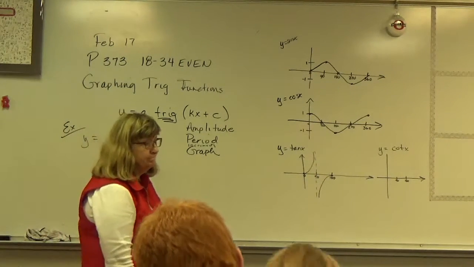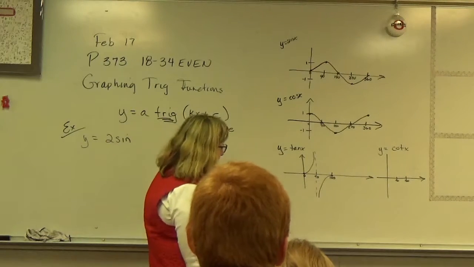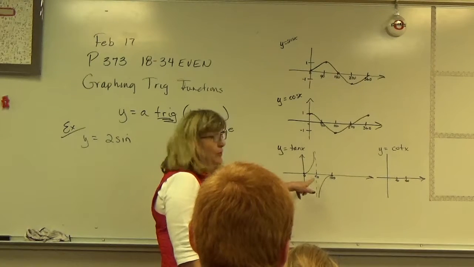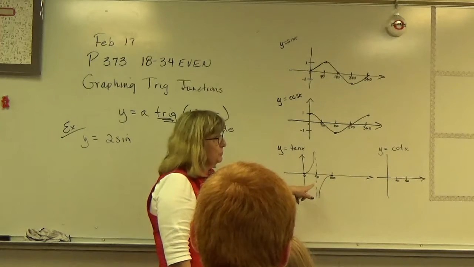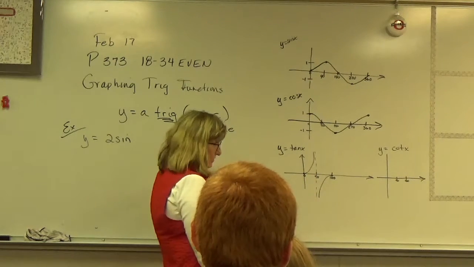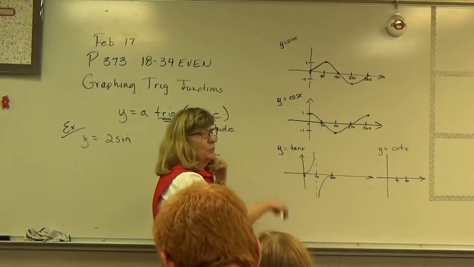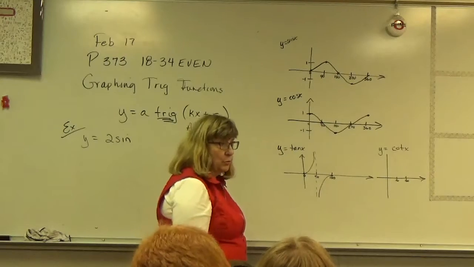Yes, sir. The asymptote on the tangent, is that at 90 degrees? Yes, it is. It's always going to be at the halfway point. The key thing, it's not always going to be 90. We're going to be changing periods, we're going to be changing amplitudes, we're going to be changing a lot of things to it. And then when we add that phase shift, it's going to change even more.